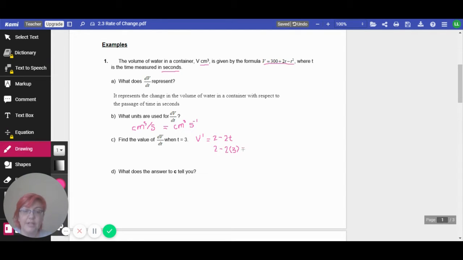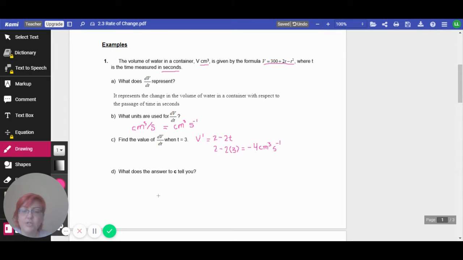Okay, well I know that 2 times 3 is 6, so 2 minus 6 is negative 4, and that is in centimeters cubed per second.